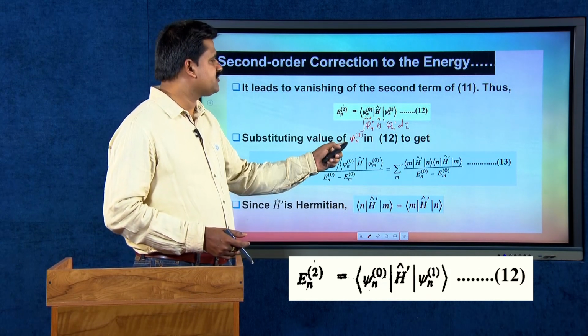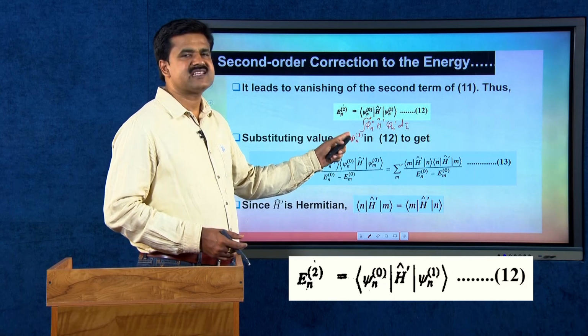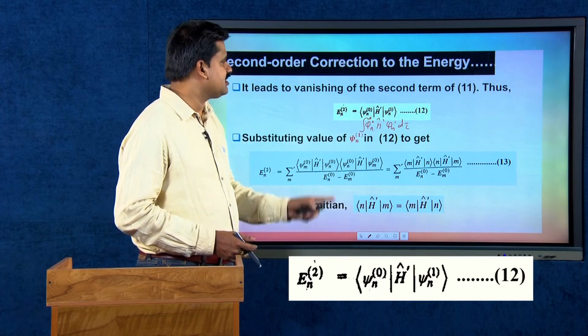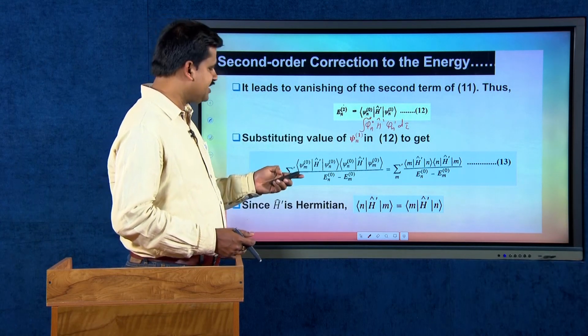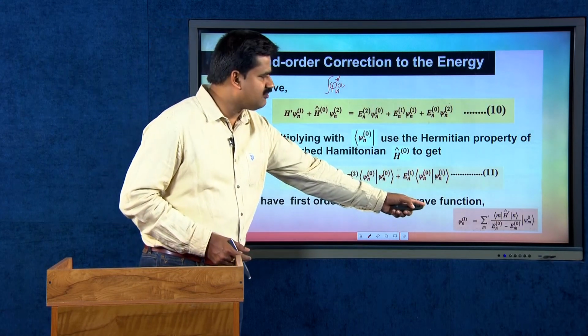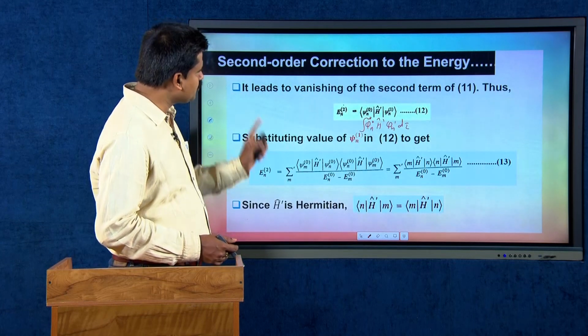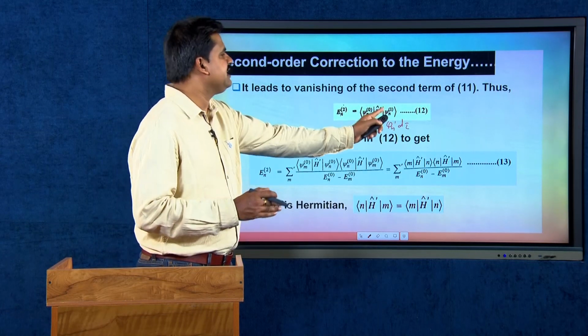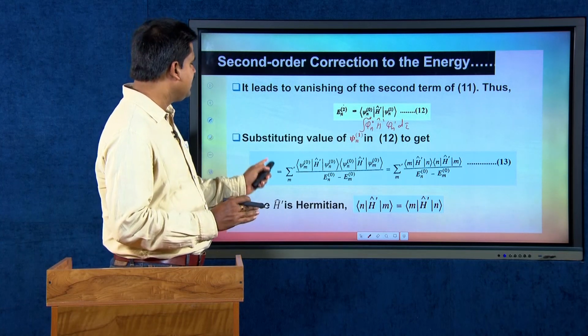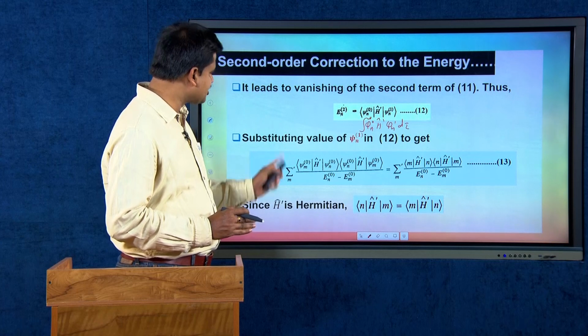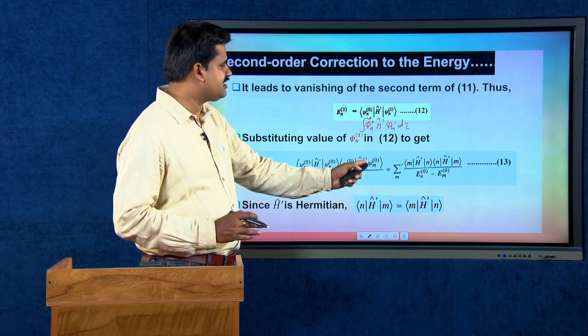Substituting the value of psi n1, which we previously established, instead of psi n1 in equation 12, and on proper rearrangement, the second order correction to energy can be obtained like this.